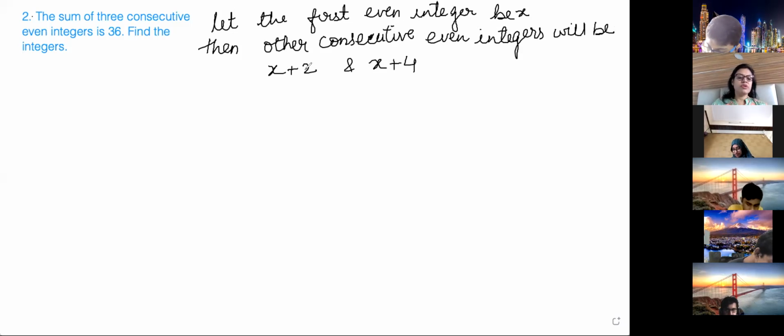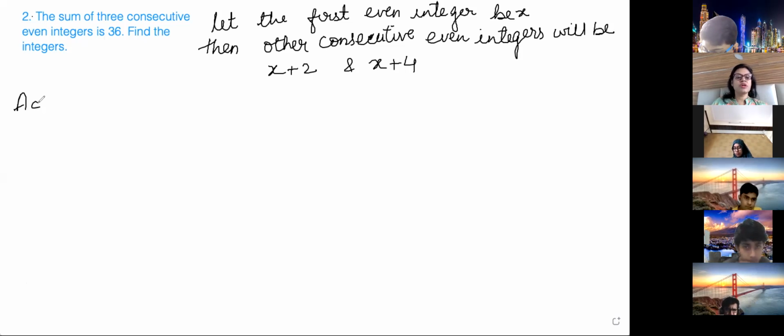Correct? This will be our next consecutive even integer. Okay. Now they have told that the sum of 3 consecutive even integers is 36. So what will be the equation? What will you write according to the question?